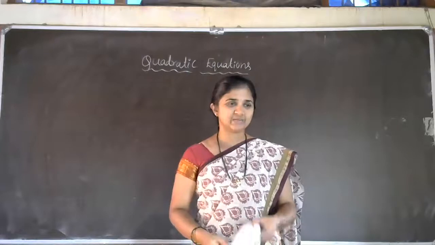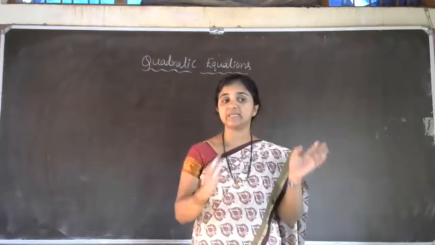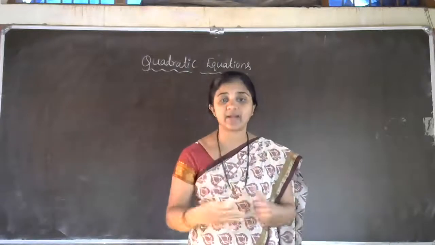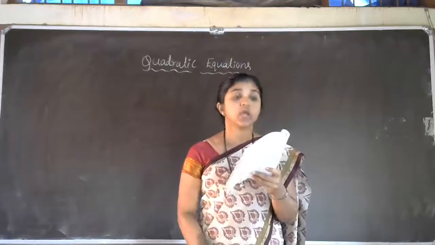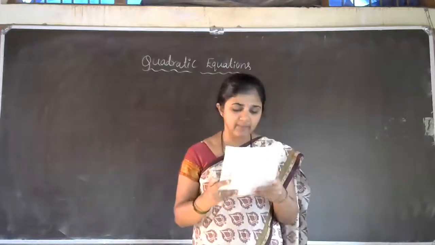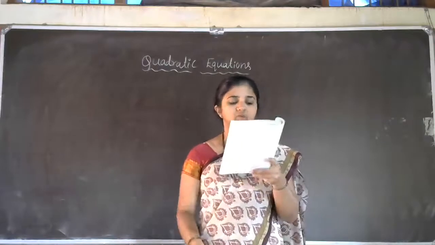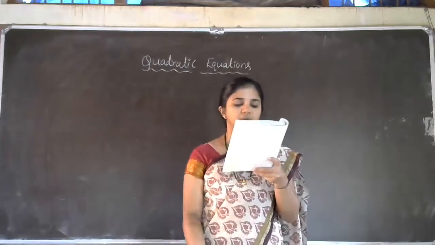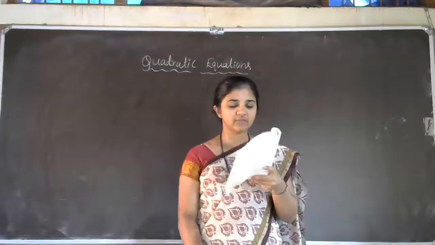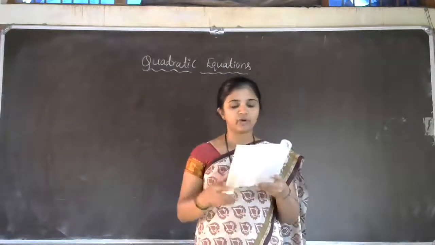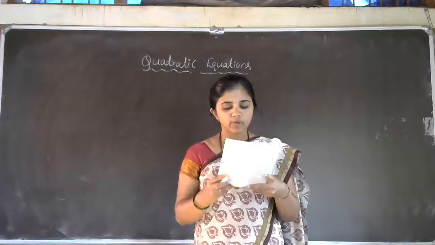So two statements are there. Now we have to represent that statement as a quadratic equation. First question is like this. John and Jaivanti together have 45 marbles.